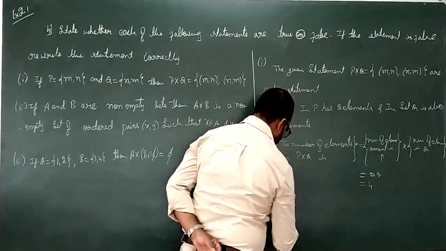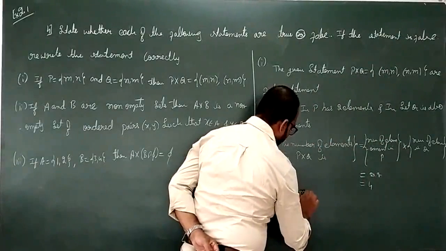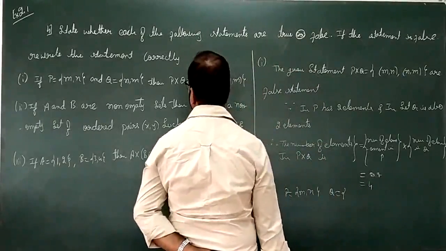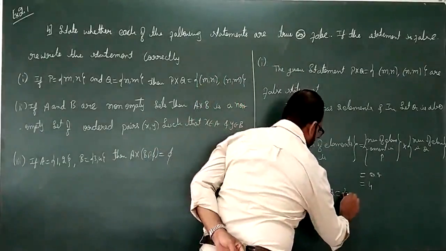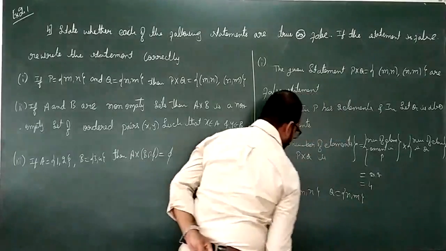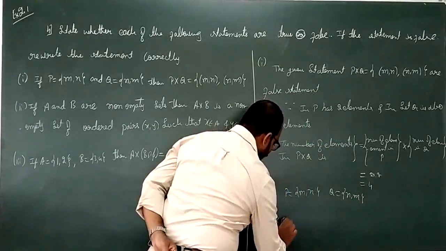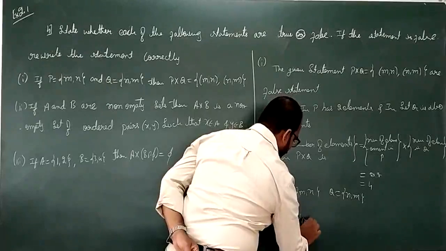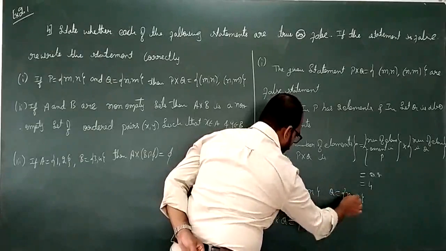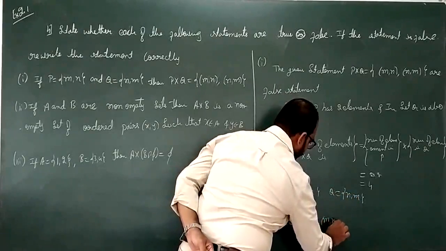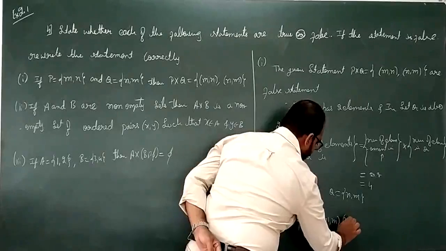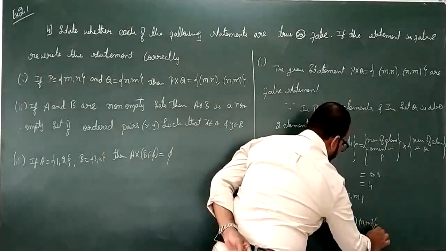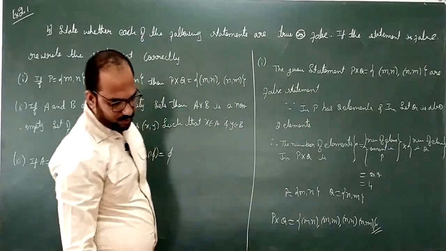That is, set P is equal to {m, n} and set Q is also {n, m}. Then the Cartesian product of P and Q is (m, n), (m, m), (n, n), (n, m). This is the required solution for the first sub question.